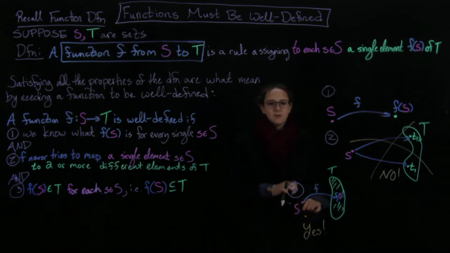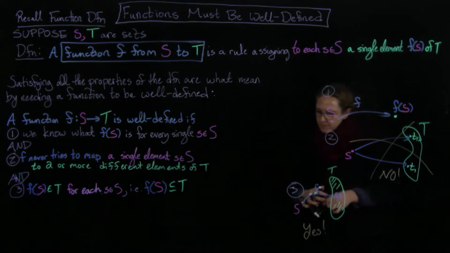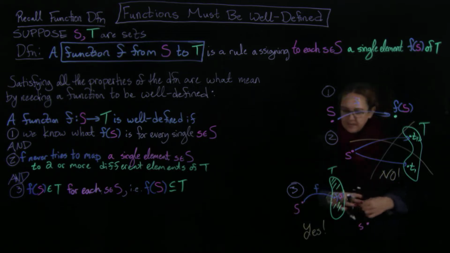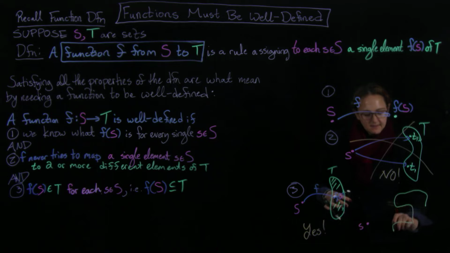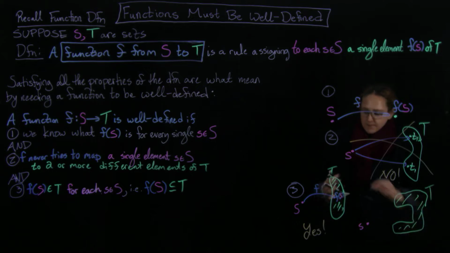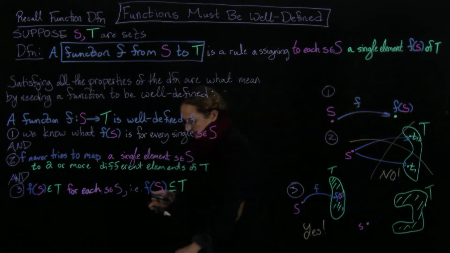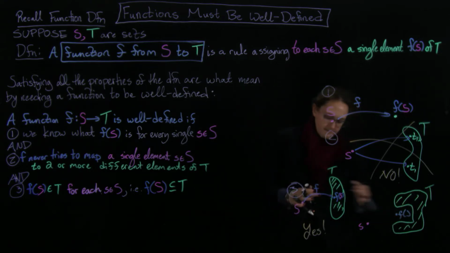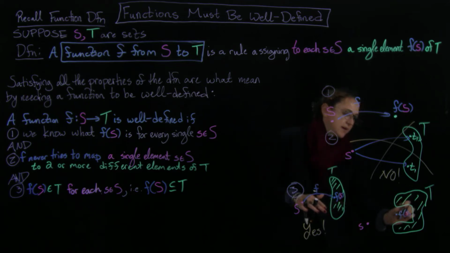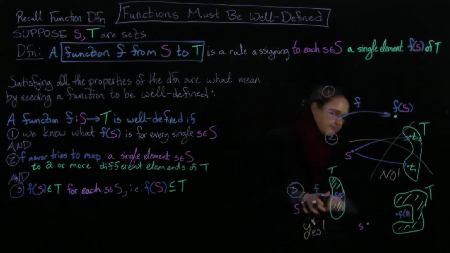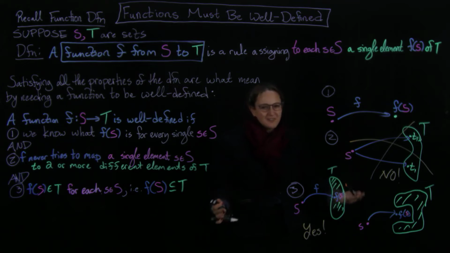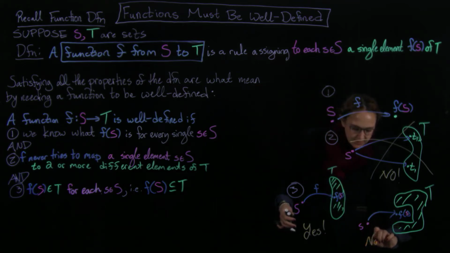And then we also have a no picture, which is that s is going to go to, maybe T somehow isn't encapsulating everything we might wish it encapsulated. Sometimes it's a little sneaky to figure out. We thought we were mapping f into there, but instead it ends up somewhere that misses our T. Say T is the integers or something like this. Then it's very possible that your output ends up a real number but not an integer. So this is my no picture.